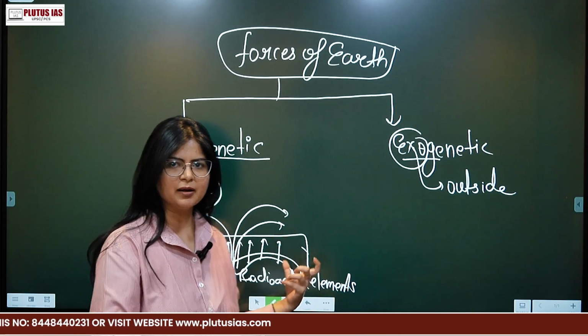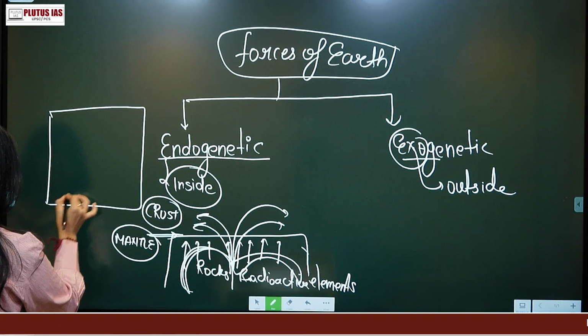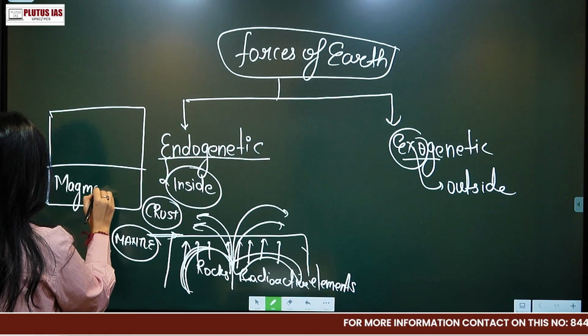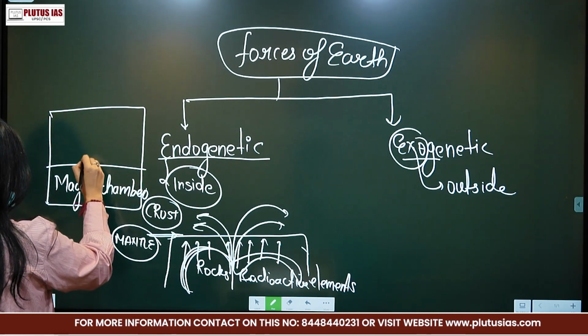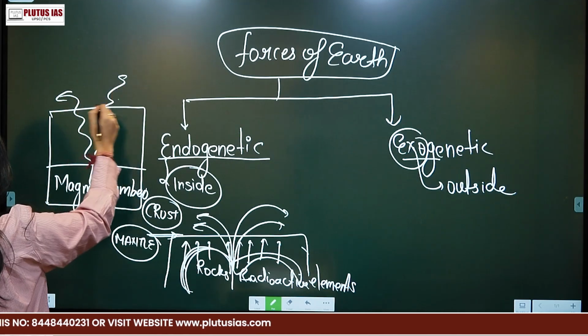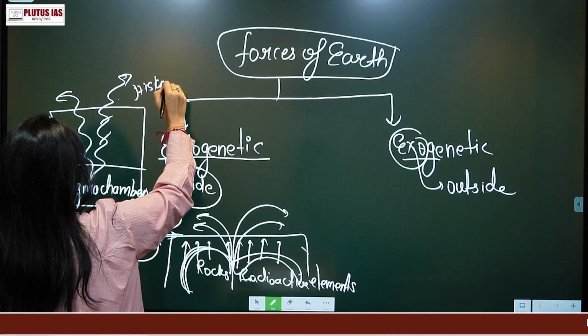So you have a magma chamber beneath the crust. Here you have a magma chamber from which magma is coming out, and when this magma is coming out, it is known as lava.